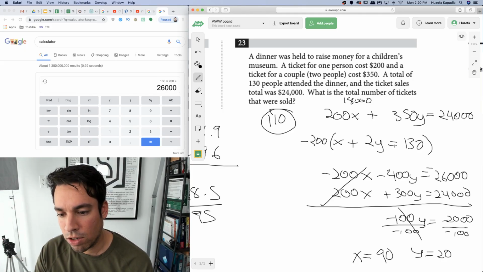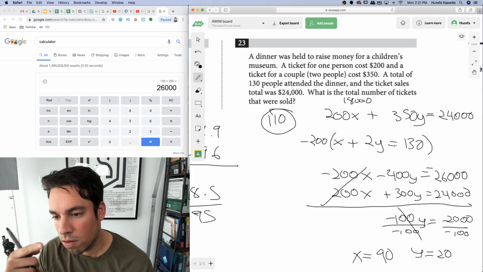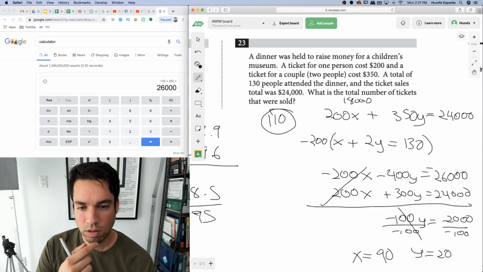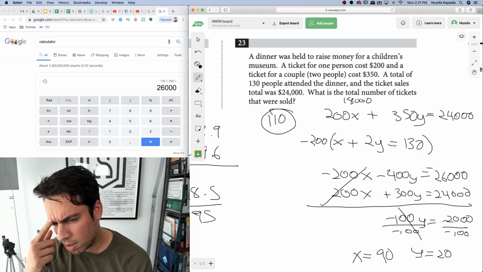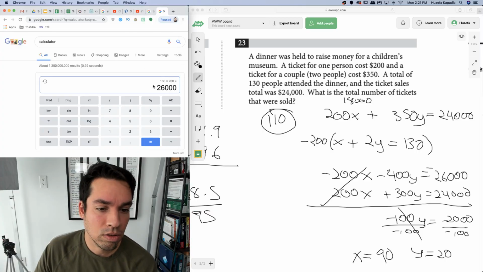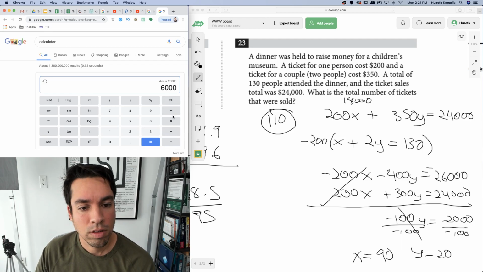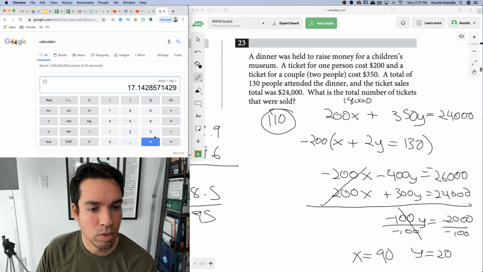Negative 200x minus 400y is negative 26,000. 130 people attended, total is 24,000. Hold on, where did I make a mistake here? If it's 90, that's 18,000, that's 6,000 divided by 350. That doesn't work.